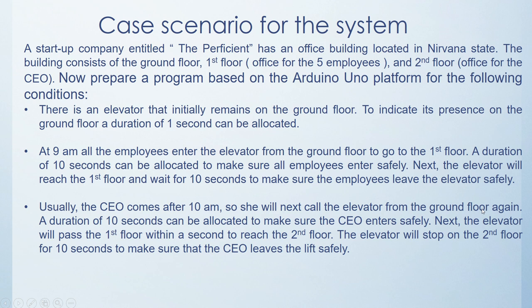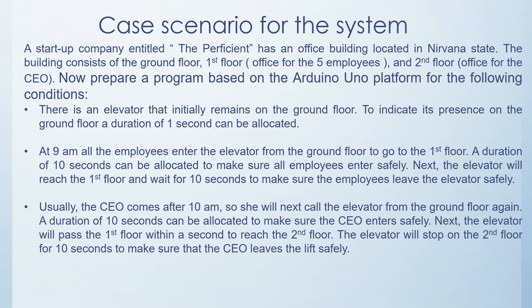After she selects the ground floor button, the lift will come back to the ground floor and the door will open for 10 seconds. The CEO will enter the lift, press the button for the second floor, and then the elevator will pass the first floor.